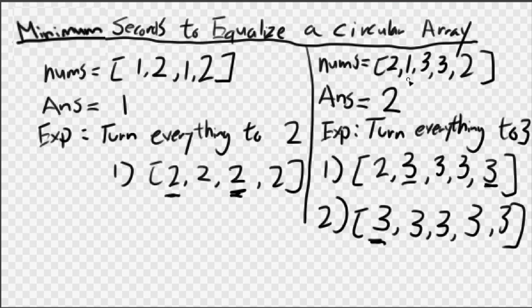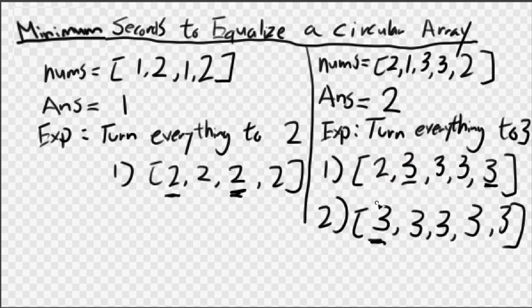For the second example, the input is 2, 1, 3, 3, 2. The answer is 2. Why? Let's try to turn everything to 3. The first step, we can turn this 1 from here to 3 and turn this 2 from this 3. That's why this and this will become 3.